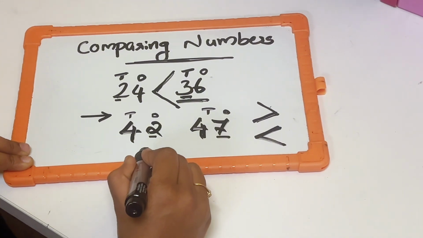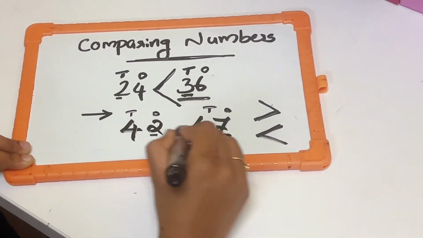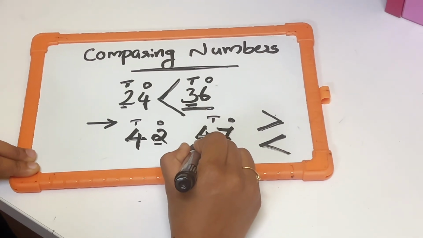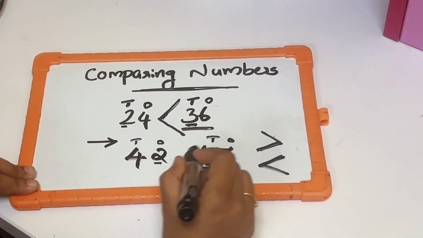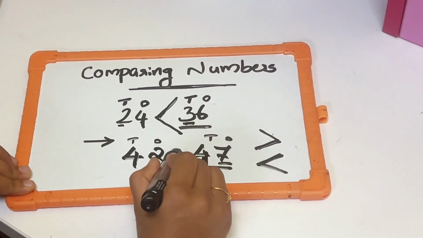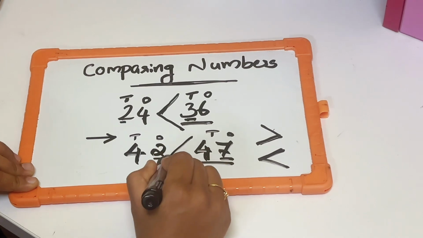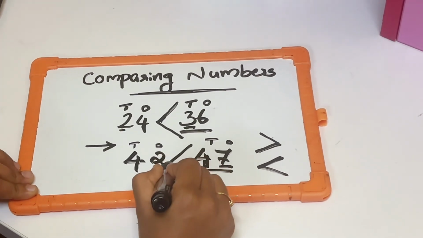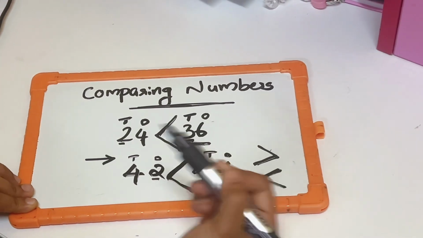Which is greater? 7 is greater, so that is the bigger number from these two numbers. So how to use the symbol here? Our crocodile will eat only the bigger number, so it will come like this: 42 less than 47.